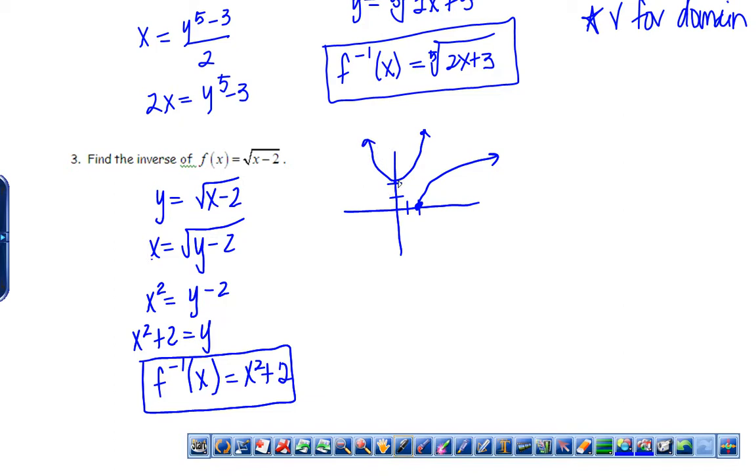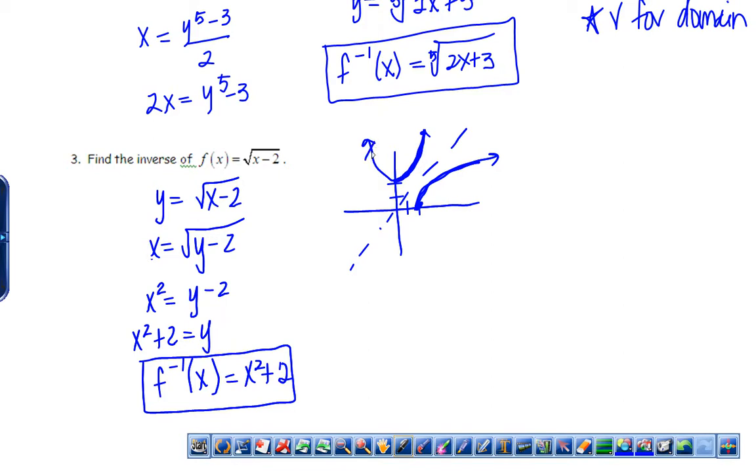Okay, these are supposed to be inverse functions. Inverse functions reflect over y equals x. Well, this definitely is not a sideways parabola, so these are not quite inverse functions. But in order to make it an inverse function, this right here could be an inverse function if I only had this part right here.